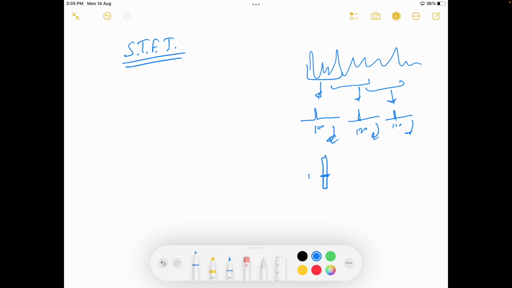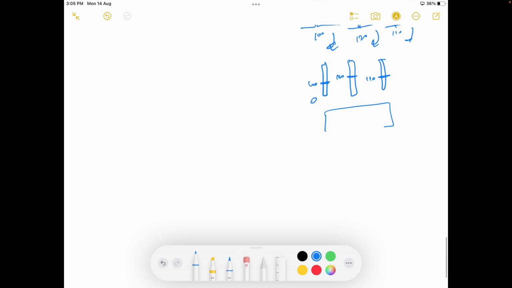I get a peak at 100, a peak at 120. This is 0, let's say. I get a peak at 110. And I will put them together like an image. So this one comes here, this one comes here, this one comes here. So I get a peak at 100, peak at 120, peak at 110. So this is called a short time Fourier transform.